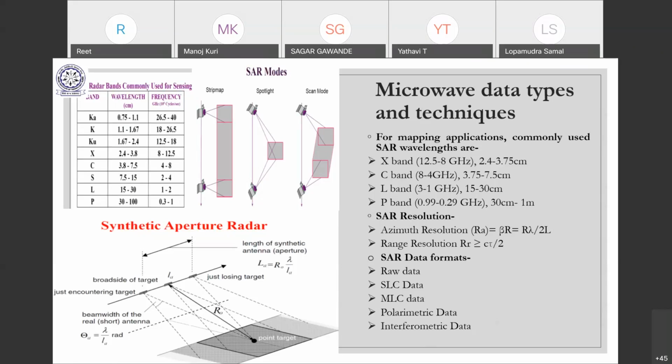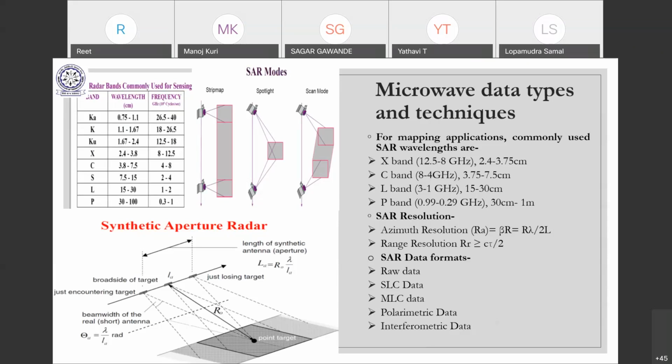SLC and MLC, one has the advantage that it has both types of information, that is about the range and the azimuth, and MLC data has a better resolution and less noise, because several looks are combined into one, forming a single complex.